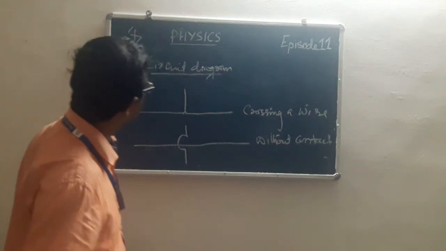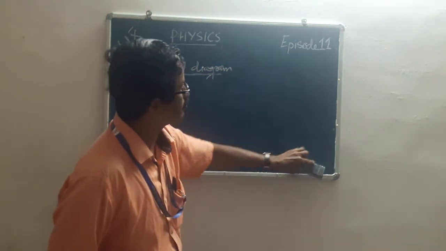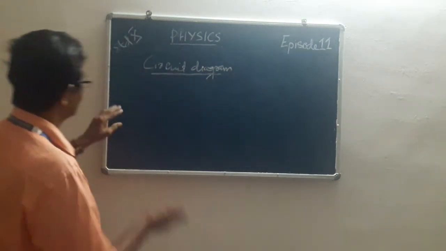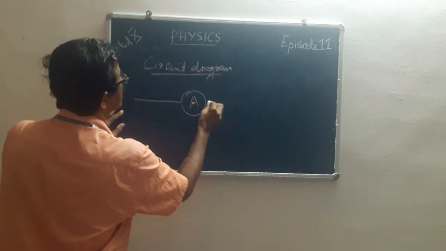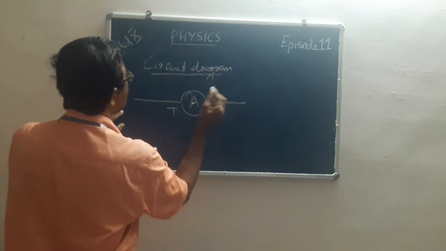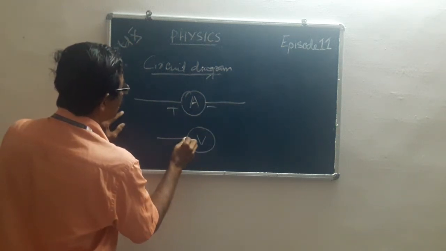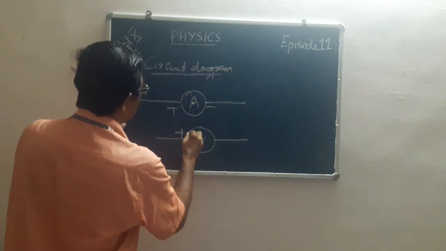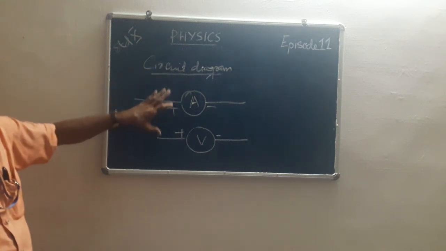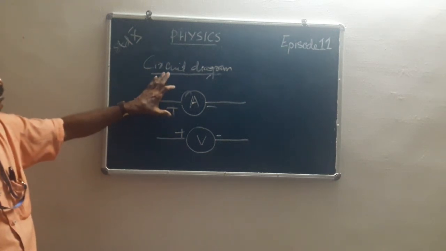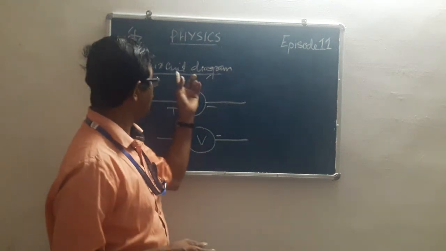Then we want to represent some other symbols also. This is the symbol for the ammeter, and this is the symbol for the voltmeter. What is the advantage of using symbols in a circuit diagram?